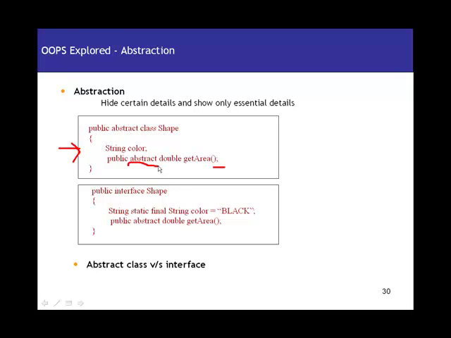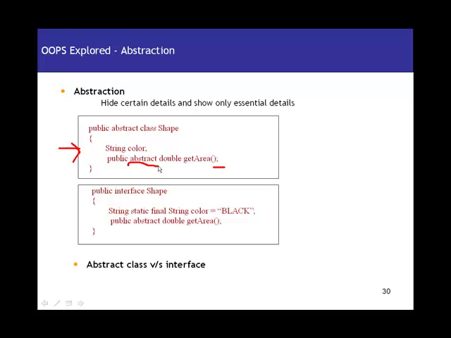If I hadn't given my method an abstract modifier, I should compulsorily give an implementation to my method, right? If I don't have an abstract modifier on my method and I don't give an implementation and simply try to end it with a semicolon, the compiler is going to throw an error. It's going to say I have not given an implementation to this method.